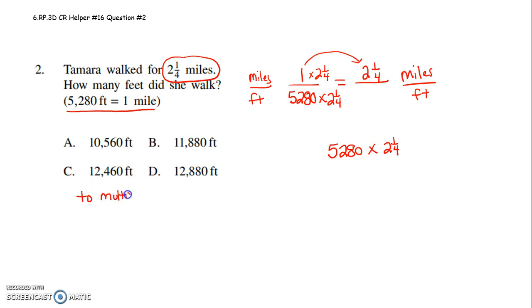So to multiply by a mixed number, there's actually a few options. You could rewrite that mixed number as a decimal if you want, and some students might prefer to do that. But if you want to leave it in fraction form, you have to rewrite the mixed number as an improper fraction.